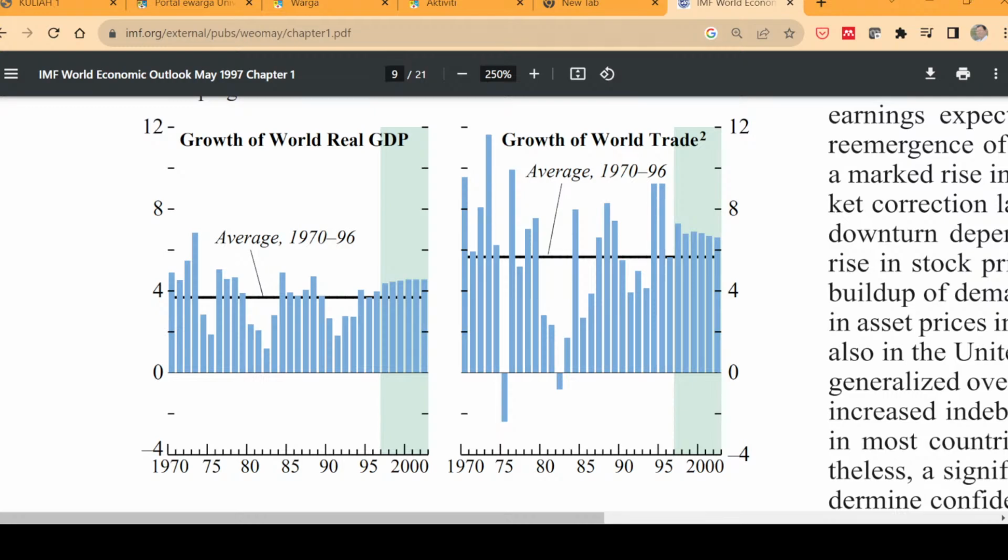Among the reasons is a smaller working population. Senior citizens. Japan has one of the oldest populations in the world. 29 point something percent of Japan's population today are 65 and above.